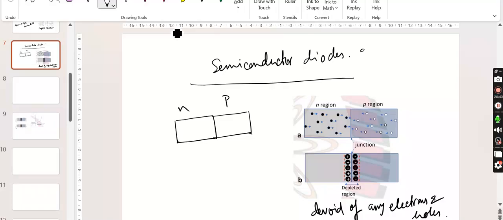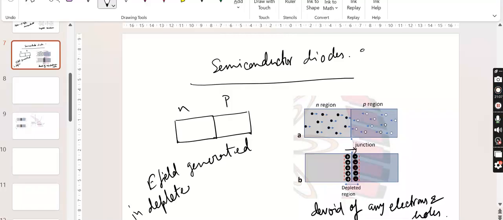This separation creates a field. So they create an electric field here, and that electric field opposes any further diffusion of the charge carriers across the junction. Soon an equilibrium will be established. The depleted region will oppose any further diffusion.